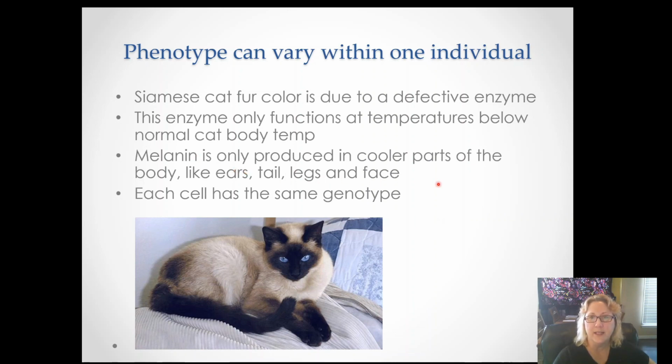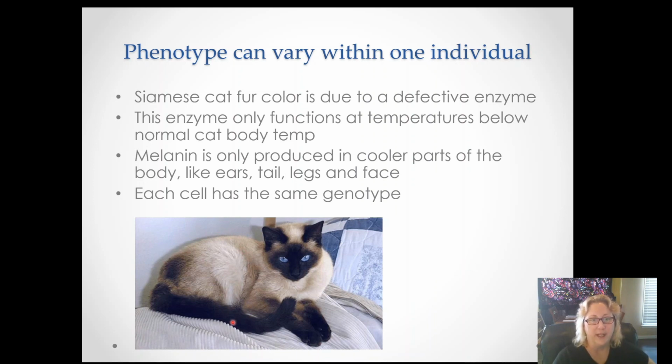So places on the cat's body that are cooler, like especially the ears and the tail and their paws, we get darker pigment because the melanin producing enzyme can now be active at slightly cooler temperatures. So every cell in the cat's body, though, has the same genotype. It's just that in some places in the body, that particular enzyme is not functioning because it's warm.